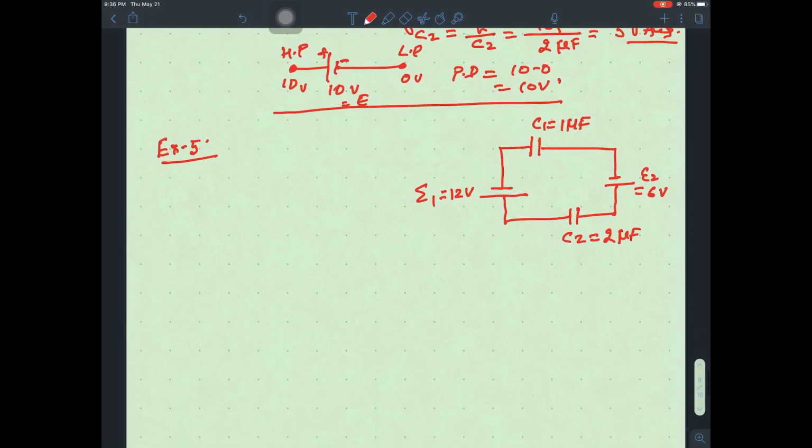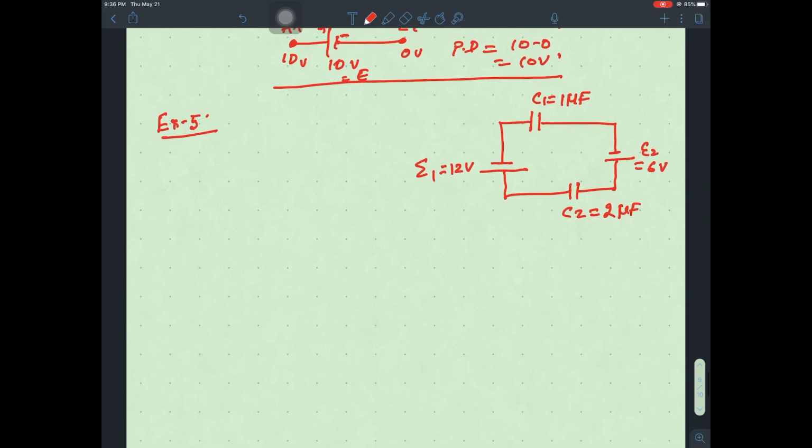What you have to find is again the same question: voltage drop VC1 is equal to question mark and VC2 is equal to question mark. That is, what is the voltage drop across the capacitor C1 and what is the voltage drop across the capacitor C2.